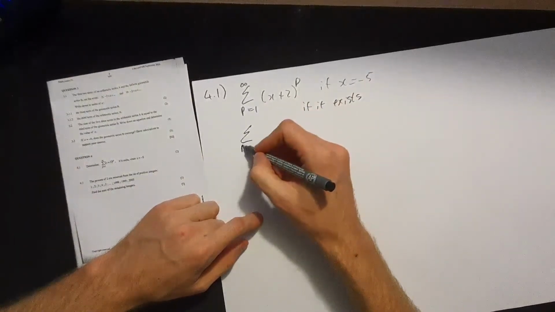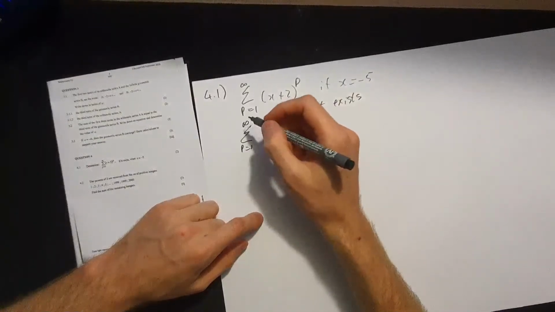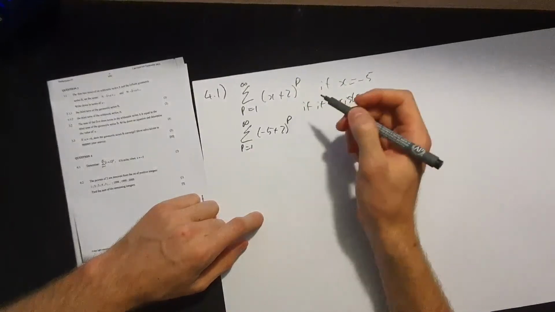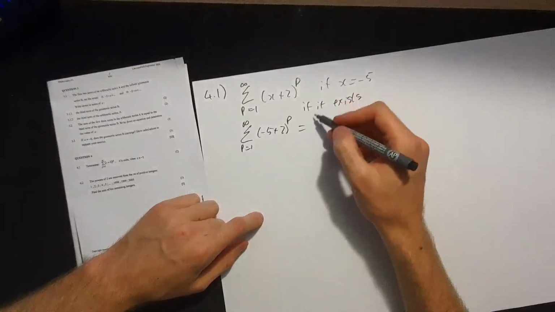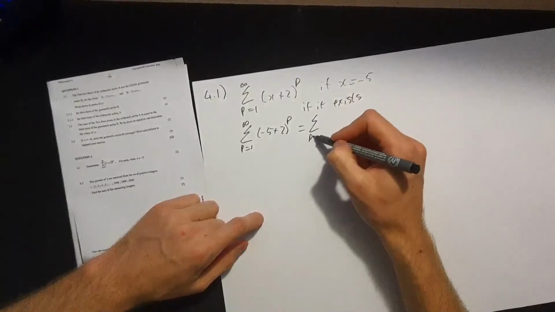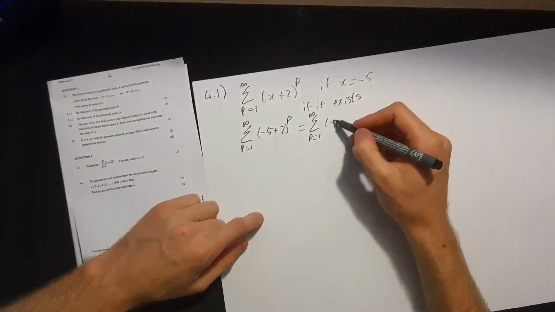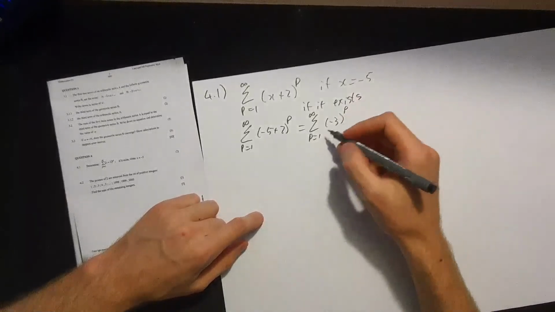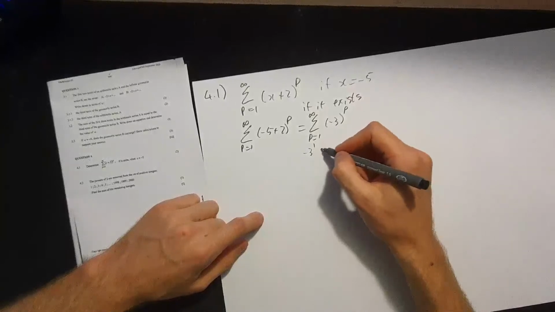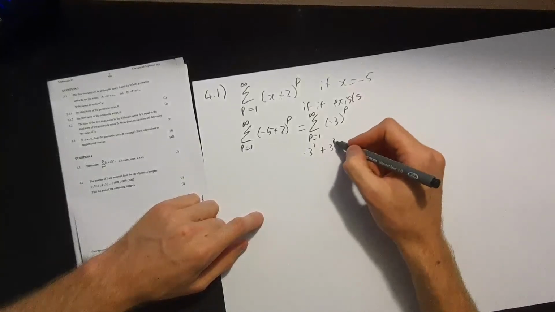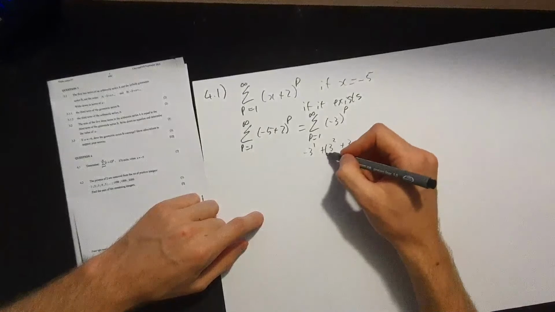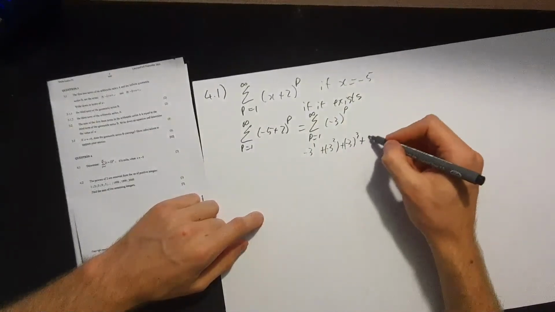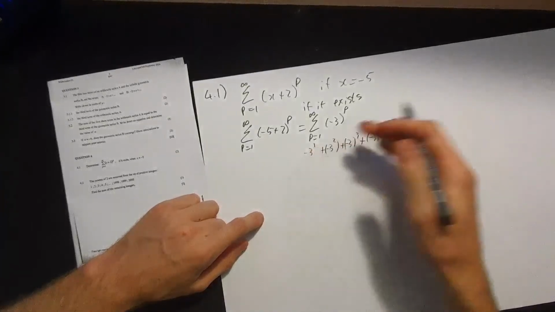It's the sum as p equals 1 to infinity of (-5 + 2) to the power of p, which is equivalent to the sum as p equals 1 to infinity of (-3) to the power of p. So we're going to say (-3) to the 1 plus (-3) to the 2 plus (-3) to the 3 plus (-3) to the 4, and so on and so on.